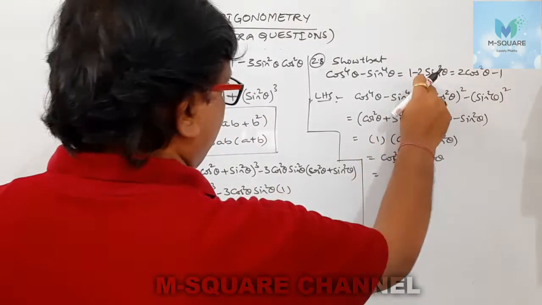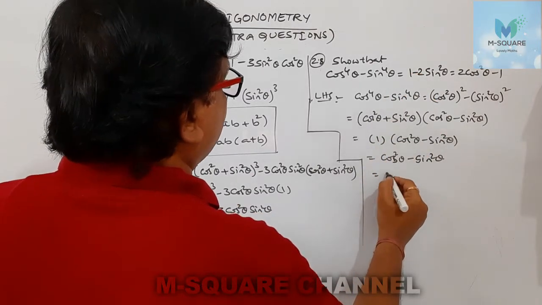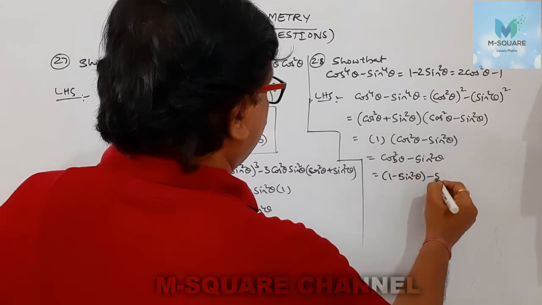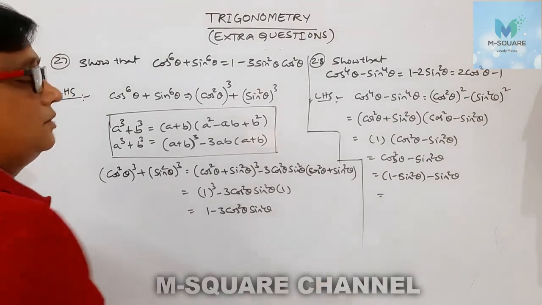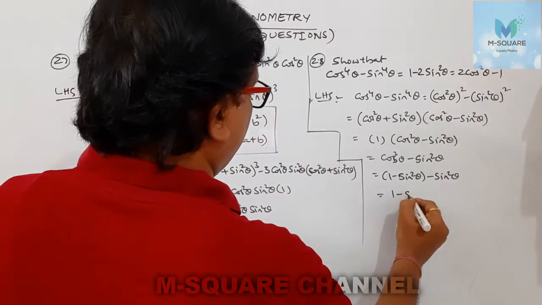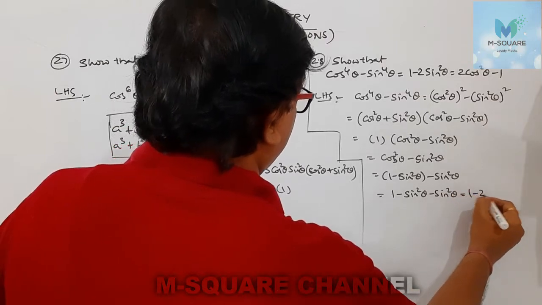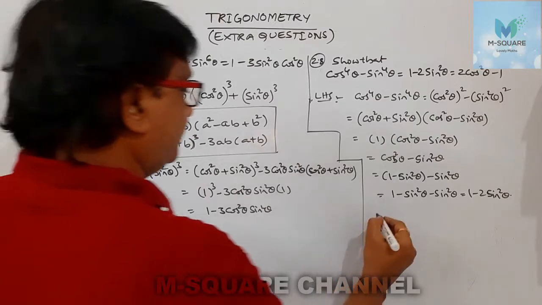Now we are going to change this part in this part. So how can we change? So remove the cos square theta. So cos square theta, we are going to write 1 minus sin square theta. So 1 minus sin square theta minus sin square theta. So we get 1 minus 2 sin square theta. This is first one.